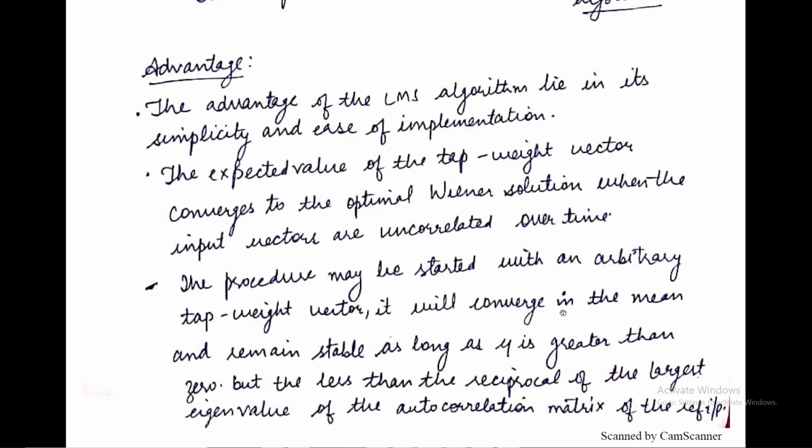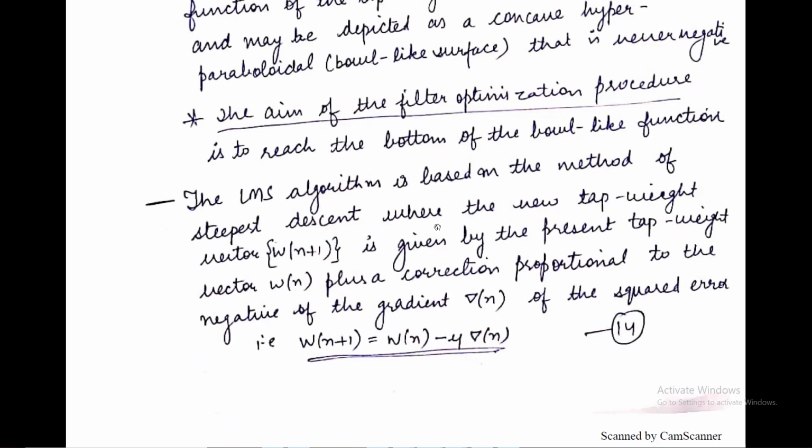So what was our concern is we have to design an adaptive filter. We have designed it, and then we needed to optimize that filter, and for that we have used the LMS algorithm, and we have found the equation for the tap weight: how we will change the tap weight, what will be the next tap weight in response to the previous one, or we can say the error function.